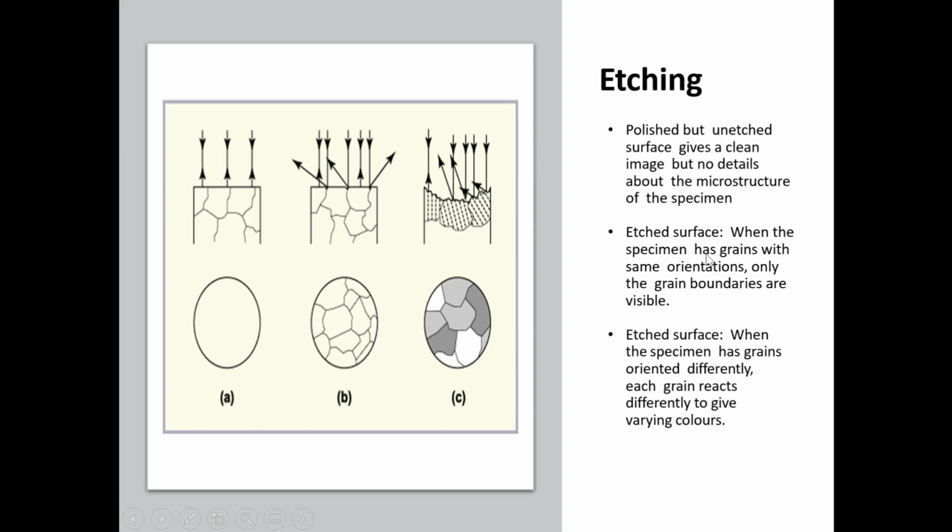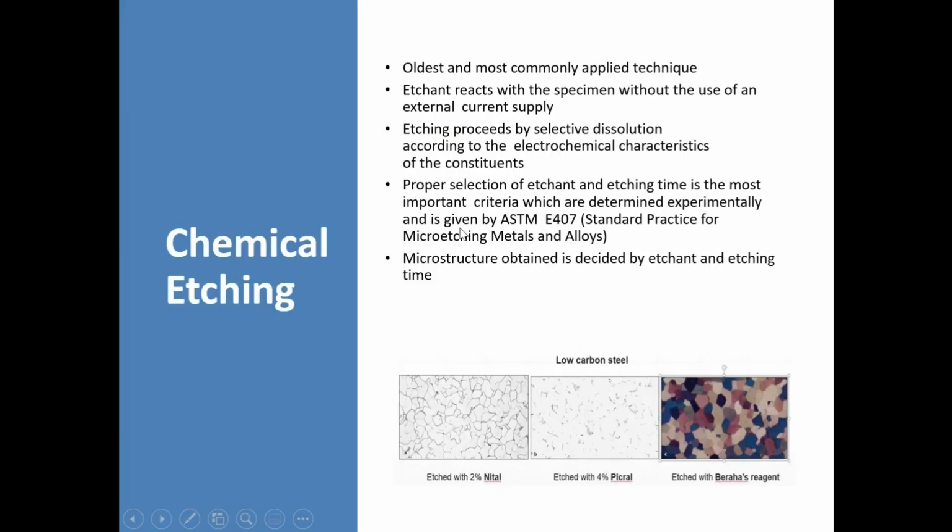When the specimen has grains with the same orientation, only the grain boundaries are visible. But when the specimen has grains oriented differently, each grain reacts differently, which means you may observe different colors for different grain orientations.